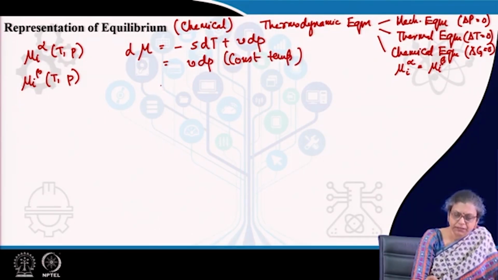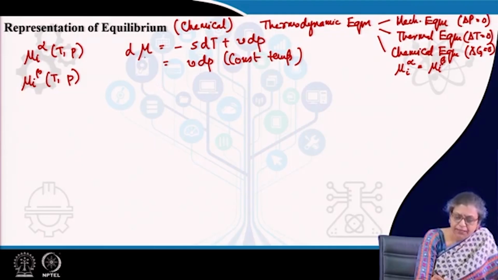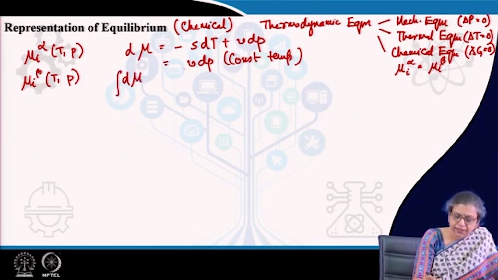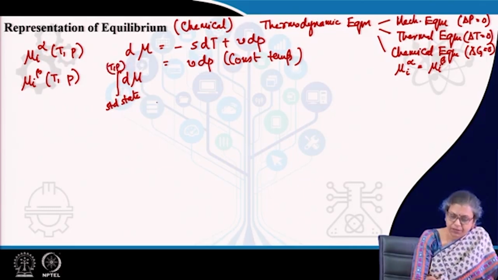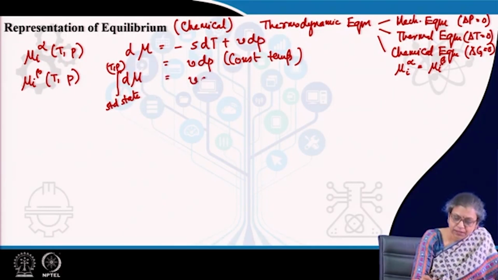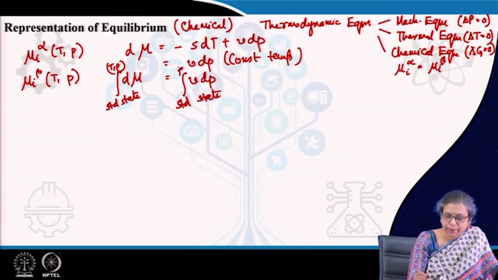So, what we find is that if we really want to find mu under any particular temperature and pressure, then this equation has to be integrated from some particular standard state to the temperature and pressure conditions existing in the alpha phase. Accordingly, this equation also has to be integrated from some particular standard state to the pressure, since temperature is constant.